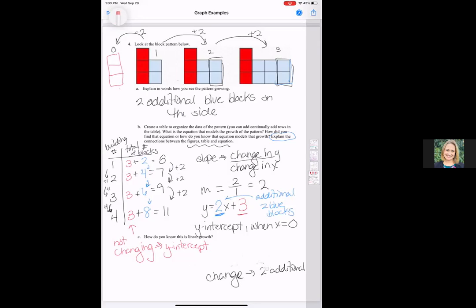The constant change means that x is to the first power. If x was to the second power or third or a different power than 1, then we would not have a constant change. We would not have that constant slope.